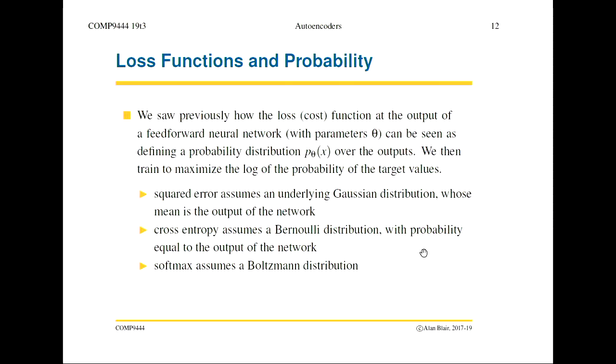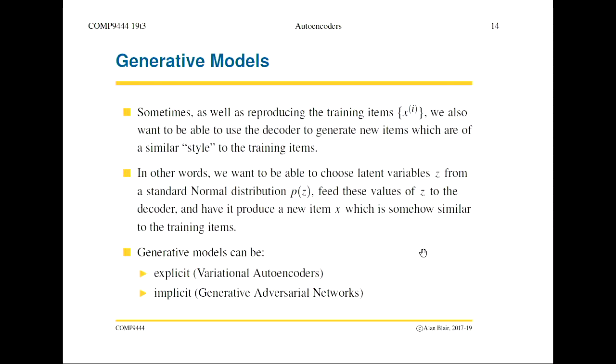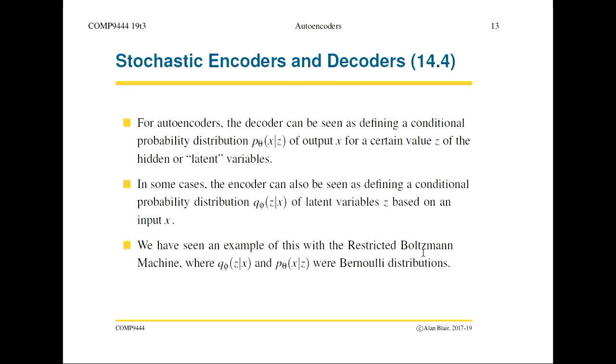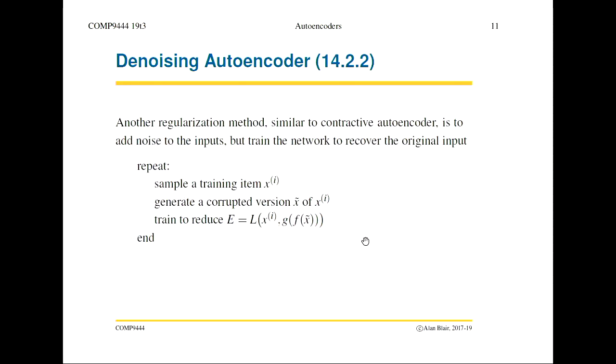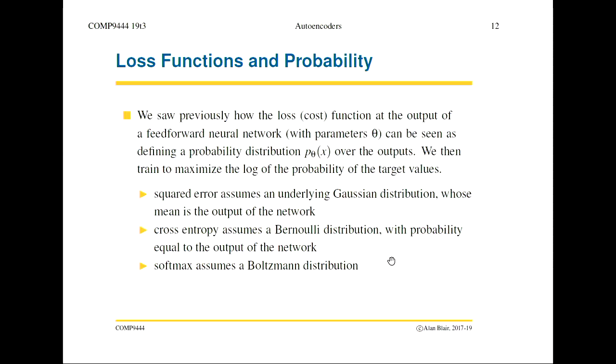Okay, but then this leads on to the variational autoencoder. All right, but we need a bit of theory to get there. Okay, so the loss function can be seen as a probability. We saw this with the classification. The softmax function, we interpreted the outputs as defining a probability distribution over the outputs.